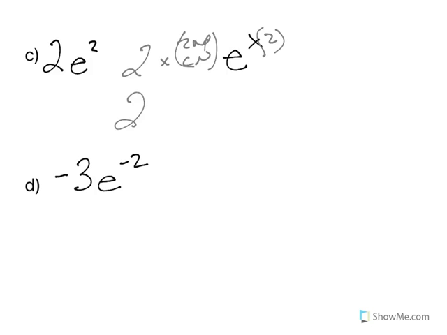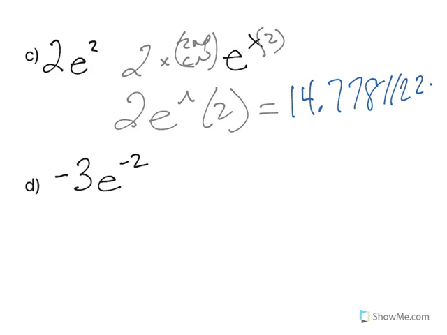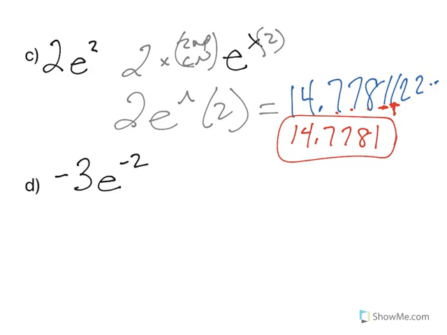Okay, 2 times e raised to the 2, and that gives me, oh man, that was kind of messy there. Sorry about that. 14.77811122, dot, dot, dot, goes on forever. 1, 2, 3, 4. 1 tells me to round down or stay the same, so 14.7781.